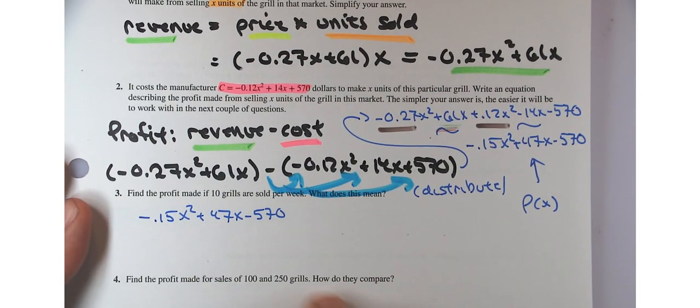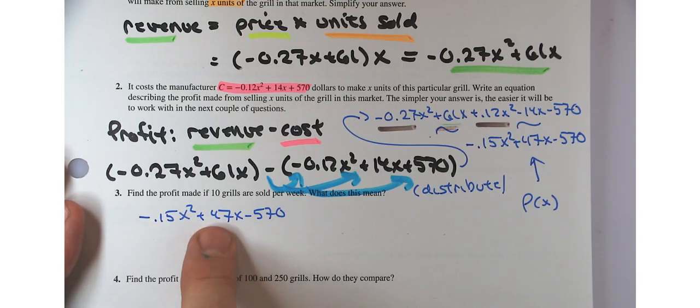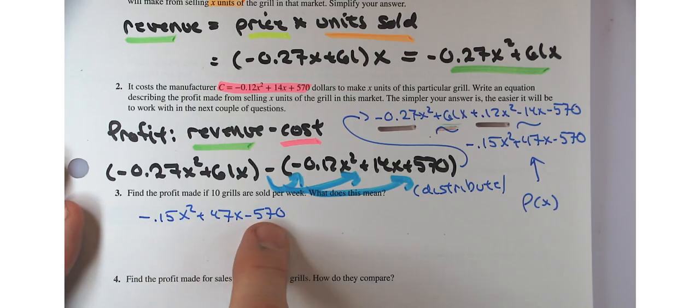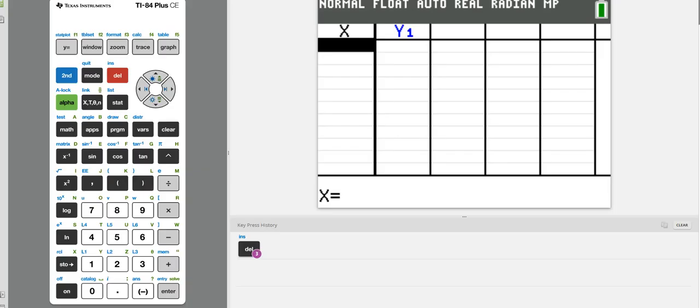If you only had to do this once, you could put in 100 here, and then square it, and then multiply this, and then multiply that by 100 or 10 or whatever it is, and then subtract 570. You can do it by hand. But if you have to do more than one of these, it's nice just to put in the number like 10. So press 10 here, and bam, it gives you negative 115.